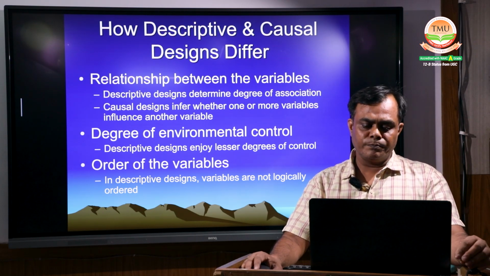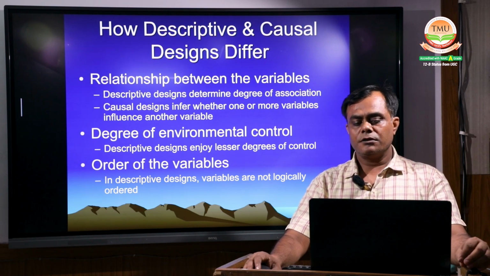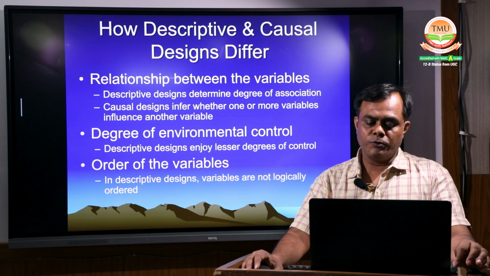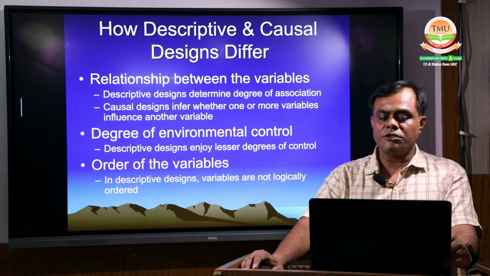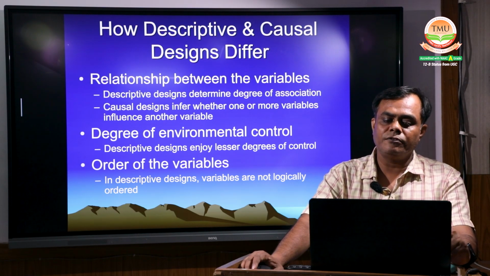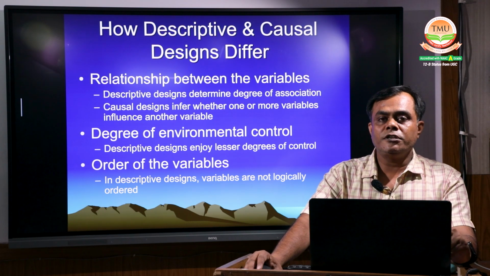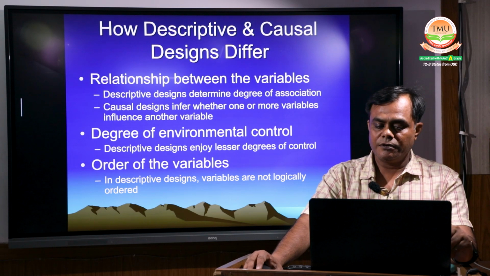So in very simple terms, we go through the different research designs. First we go through the exploratory research design. In exploratory research design, we use three types of exploration. First is the literature survey, second is the expert survey, and third is the example survey. So in the absence of literature or experts, we use the example survey.